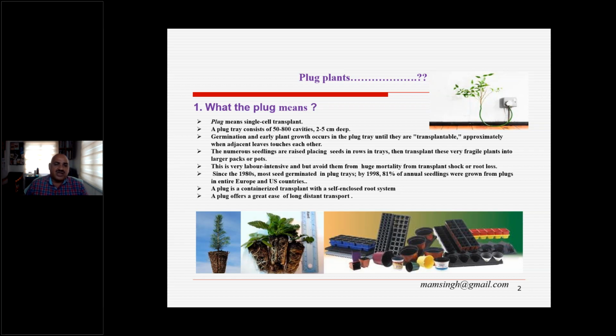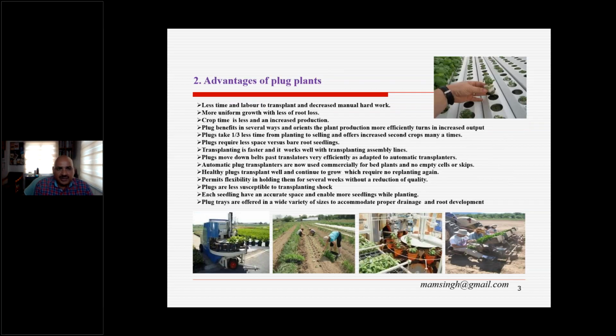More familiar are the round shape pro trays, which have 2 to 5 square centimeter area per cavity, ranging from 49 to almost 800 cavities in those trays. If you see, a plant produced in this form can have manifold advantages.